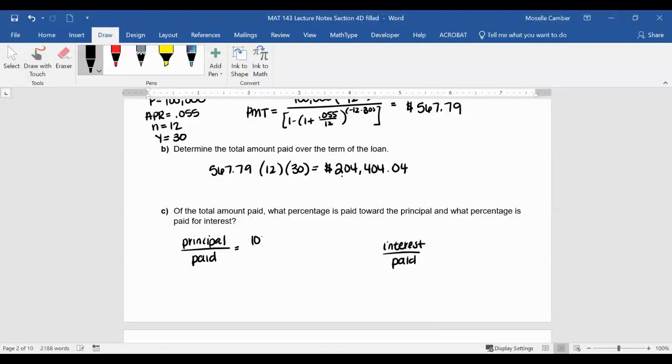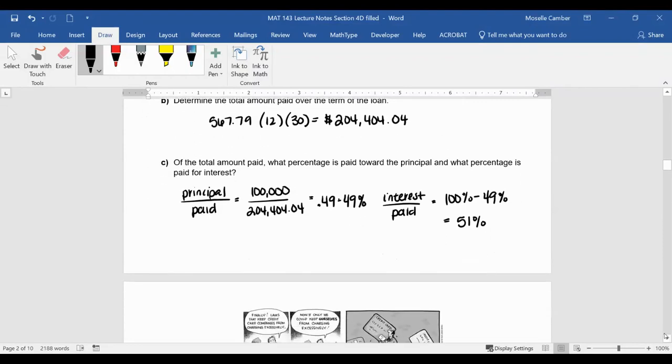So principal here is $100,000, and you paid back $204,404.04, and that gives us 0.49 or 49%, which means towards interest we take 100% minus 49%, and we would end up with 51%. So just over half of what we paid back was interest.